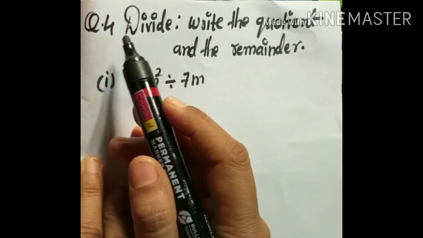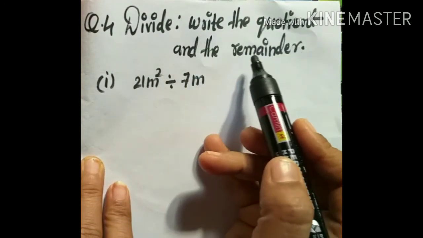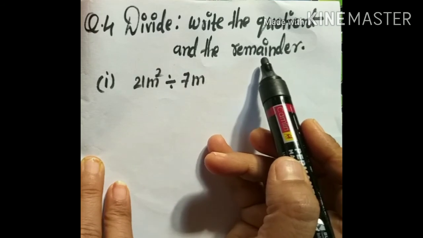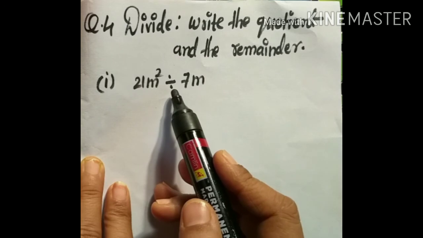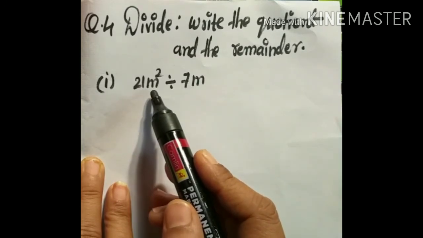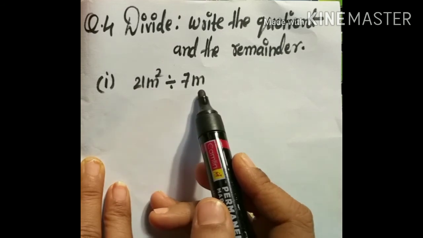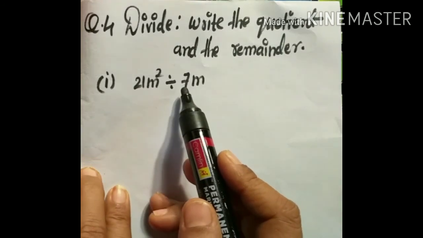Question number 4. Divide. Write the quotient and the remainder. Here children, the question is 21m square divide 7m. Here children, 21m square is the dividend and 7m is the divisor. Okay children, now these two numbers we have to divide.